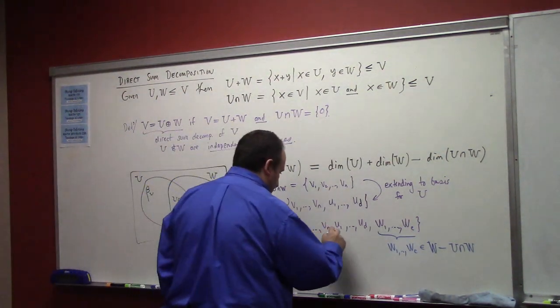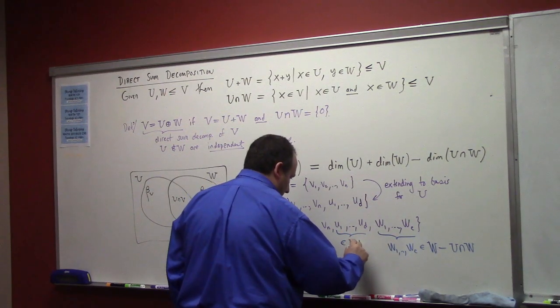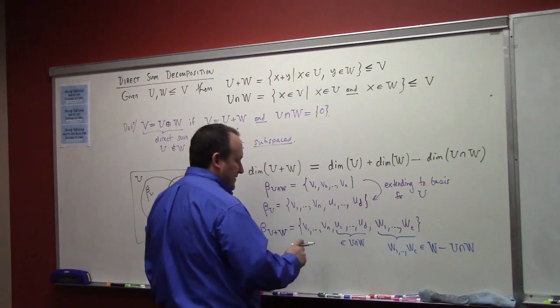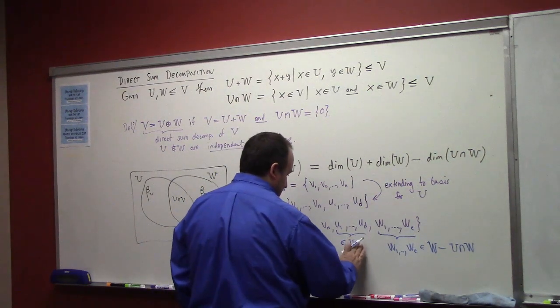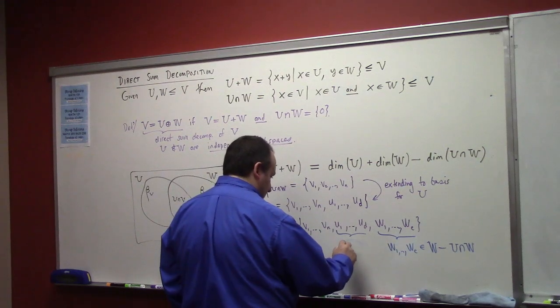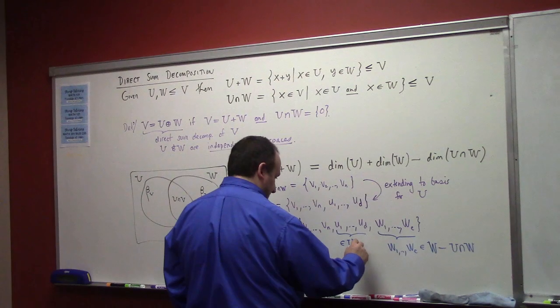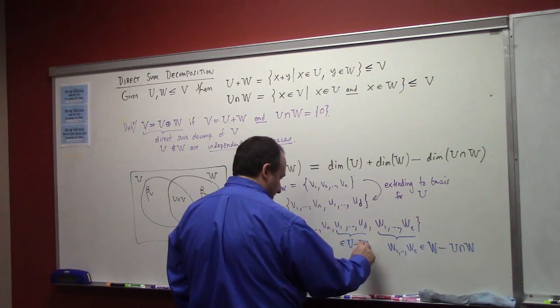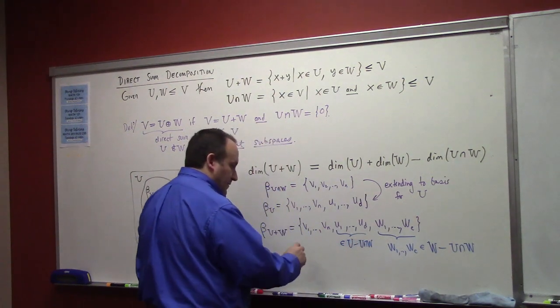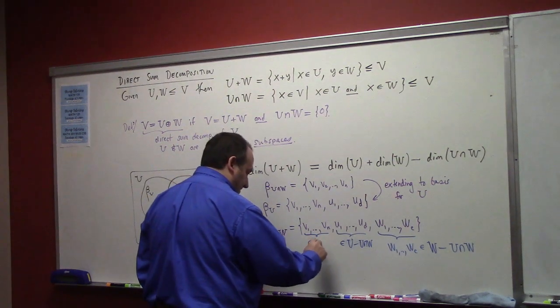These, on the other hand, are elements of U, right? Minus the intersection. And these over here are just elements of the intersection.